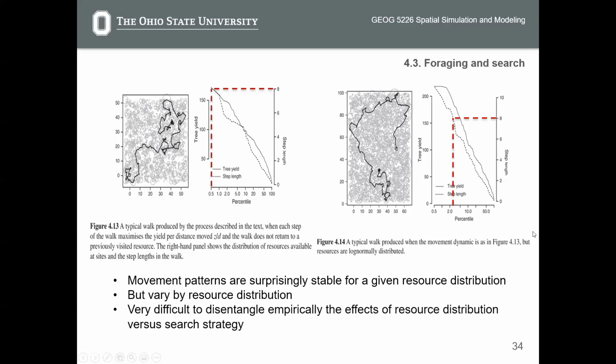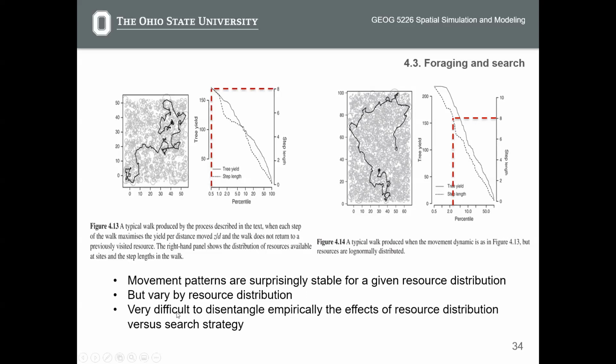Which means the change of spatial distribution of resources matters here, and it affects the forager's behavior. And here we didn't even discuss the strategies for this forager, and the environment itself can change the searching behavior, specifically in terms of the step length of a forager.